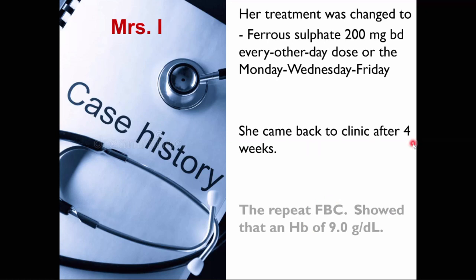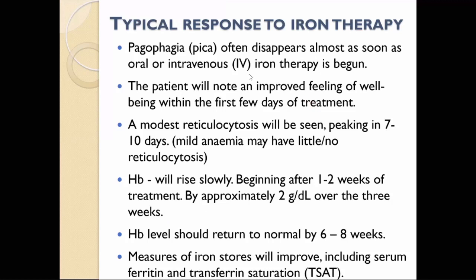What do you think about it? Are you happy about it? Are you satisfied? No, it should have increased by 2 grams per deciliter. Yes. So by 4 weeks, right, it should have increased by 2 grams per deciliter.